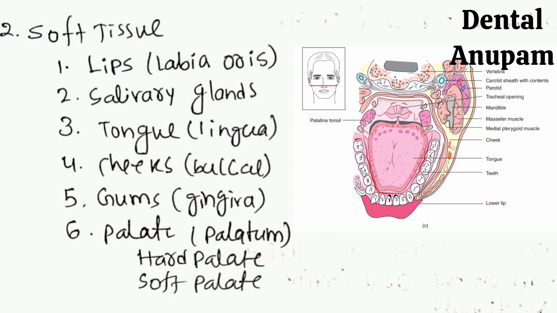Palate, palatum. The palate is the anatomical unit that forms the roof of the mouth. It consists of two subunits, hard palate anteriorly and soft palate posteriorly. Hard palate. The hard palate is the bony vault of the oral cavity, bounded in front and at the side by the alveolar arch. It is continuous with the soft palate located behind it.